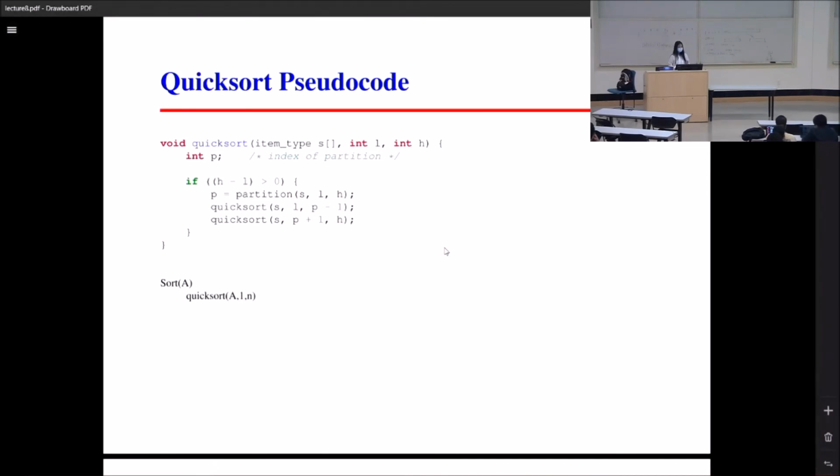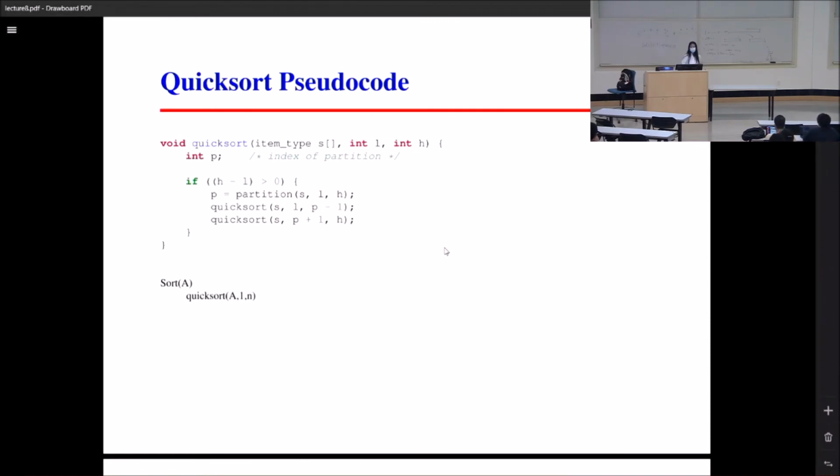So what does the partition function return? It returns the index of the pivot point. So let's say we have the example of the 10. After our partition function, it will return 4, as the pivot 10 is at index 4. So in this function, p will be 4.